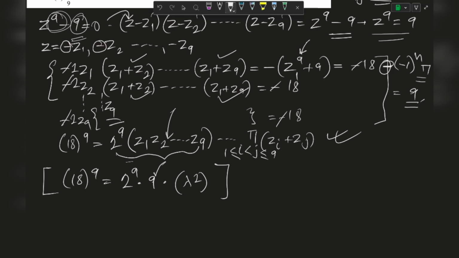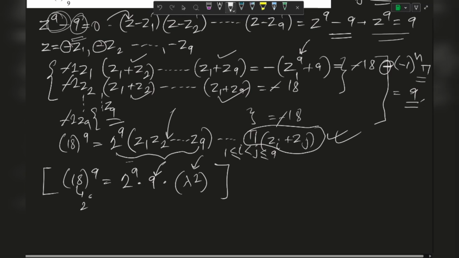So this is 9, and this particular thing will actually come as a product 2 times if you observe this equation carefully. So this thing is lambda squared. If you write it out yourself, you will understand better than from my explaining. So basically this is 2 power 9, 2 into 9 power 9. So 2 power 9 gets cancelled.